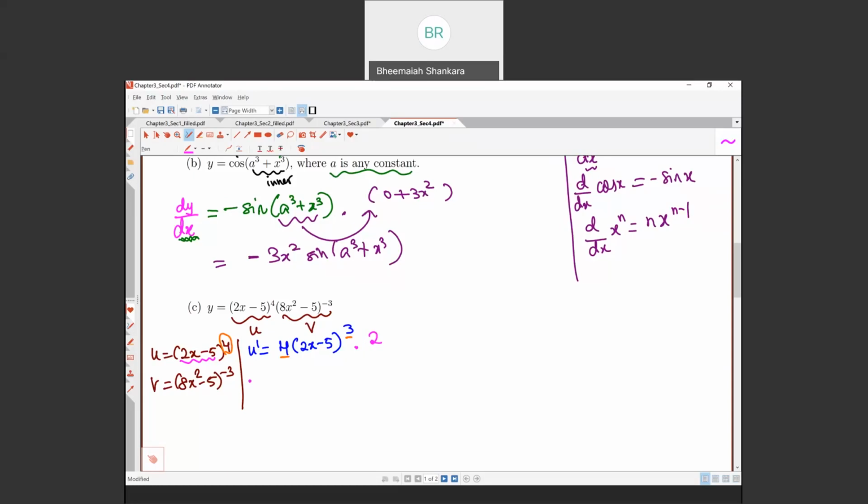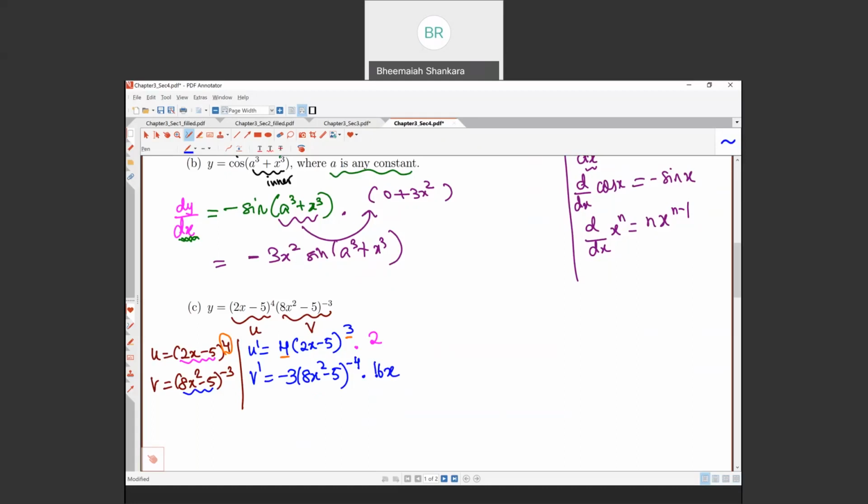Similarly, I want you to find v prime. It is negative 3 times (8x squared minus 5). The exponent changes: negative 3 minus 1 will be negative 4. And now you move into the inner function, 8x squared minus 5. Derive it, you have 16x.